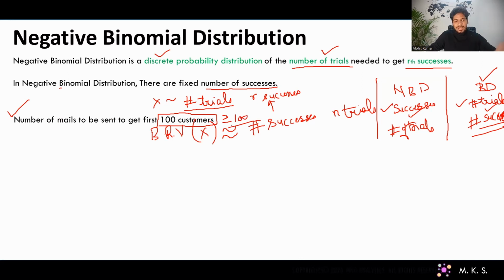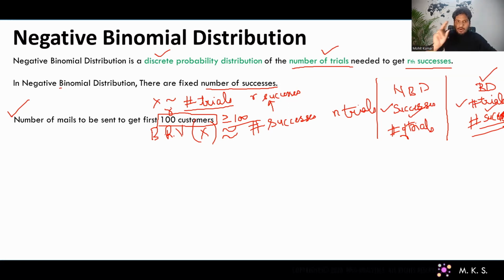So here what we are modeling is how many mails you have to send to get your first 100 customers. So here r is 100. Every time you send a mail, that's a trial, and there are two possible outcomes, success and failure. Success means the customer has enrolled in the course. Failure means the customer did not enroll.